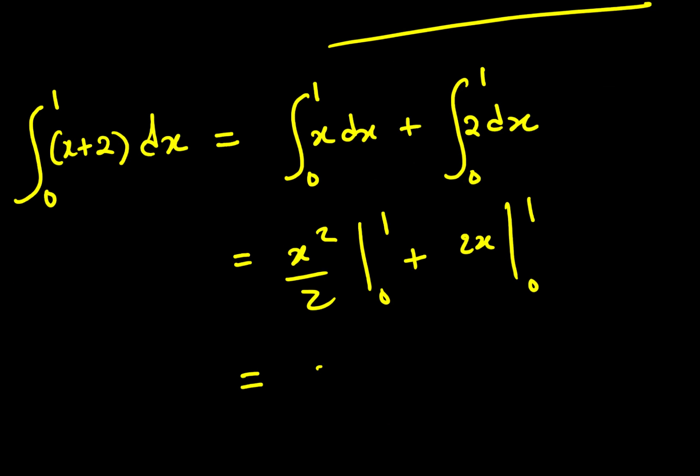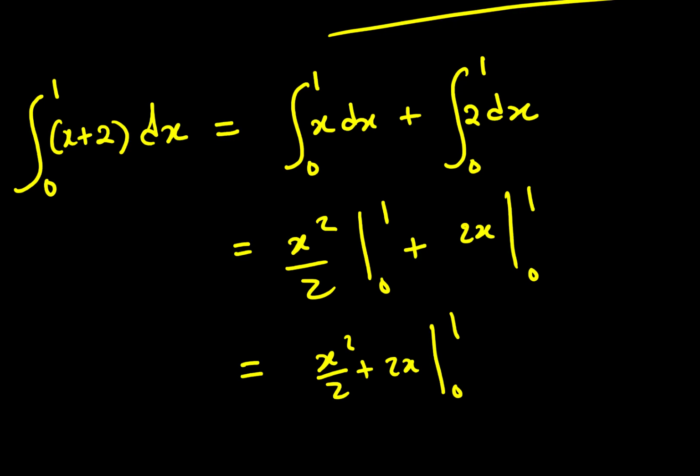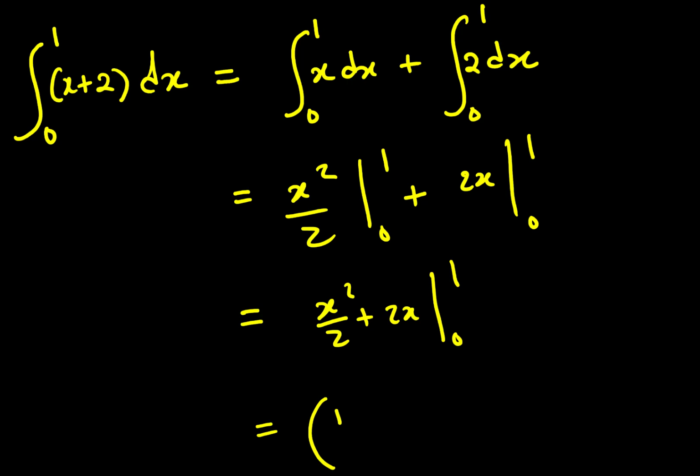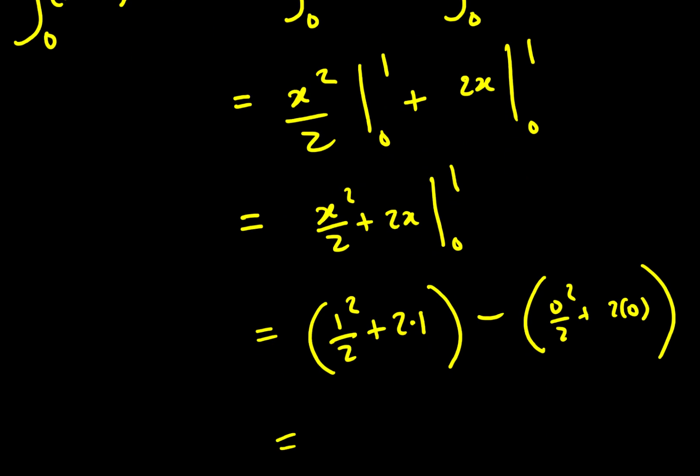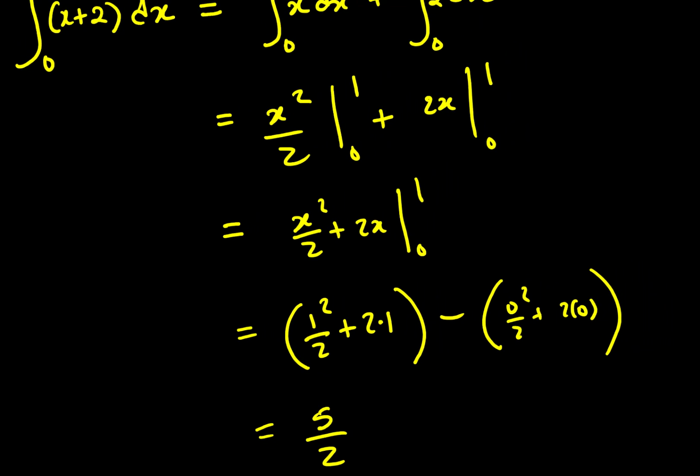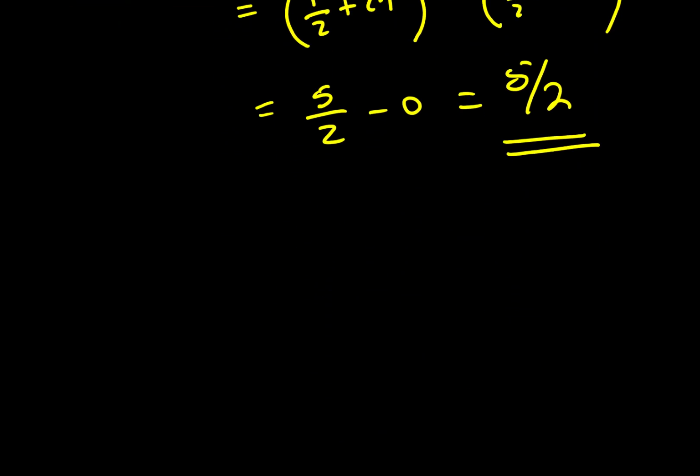Another way that we could put this is x squared over 2 plus 2x from 0 to 1, which means that you have here 1 squared over 2 plus 2 multiplied by 1 minus 0 squared over 2 plus 2 multiplied by 0. So this will give us 5 over 2 minus 0, which is just equal to 5 over 2, and that will be our answer.